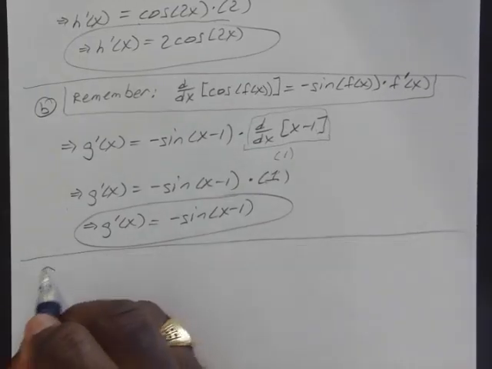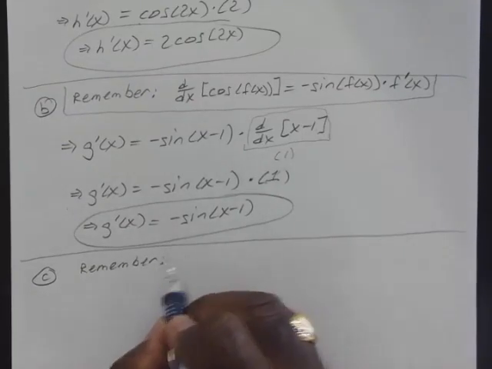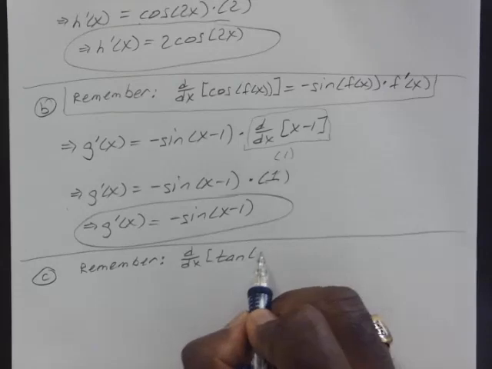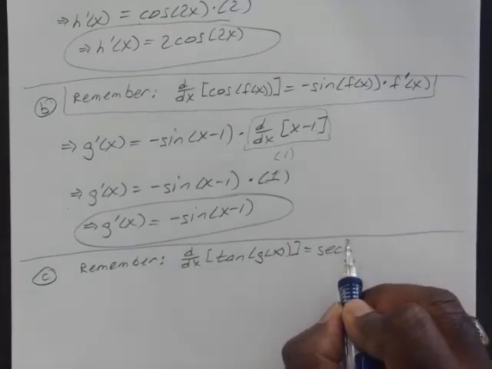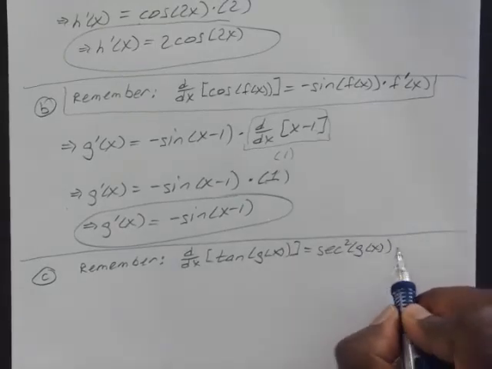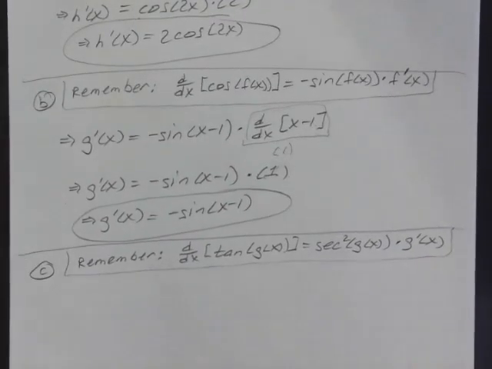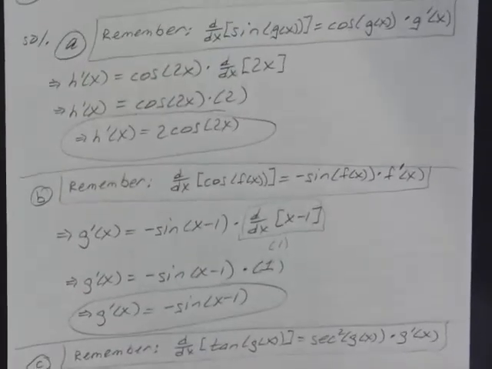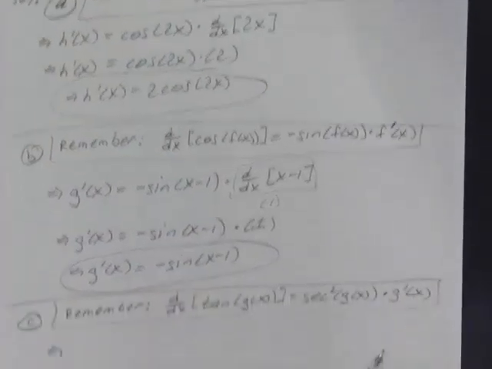And kind of the same thing for C. We know that the derivative of tangent, and I'll use g of x for this one, is equal to secant squared of g of x times g prime of x. So since f of x is tangent of 3x, the derivative of tangent is secant squared.